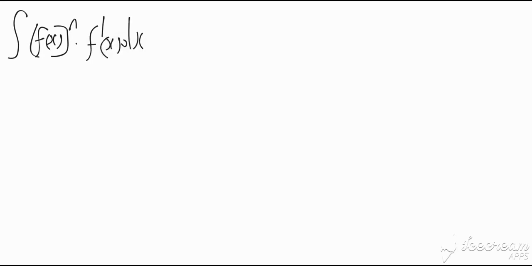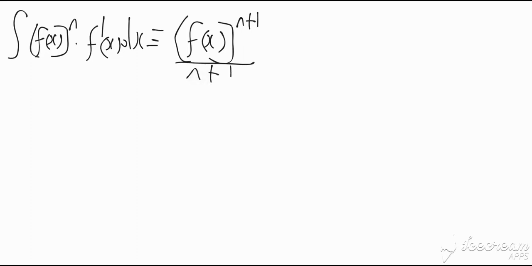What we're saying is that when we integrate f of x to the n times f prime of x dx, this is simply going to become f of x all raised to the n plus 1 over n plus 1 plus a constant of integration. This is what we would have actually derived.